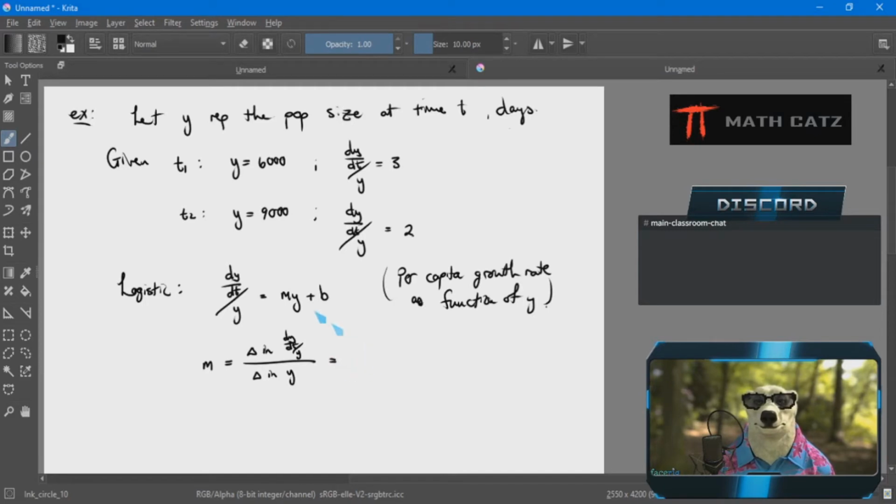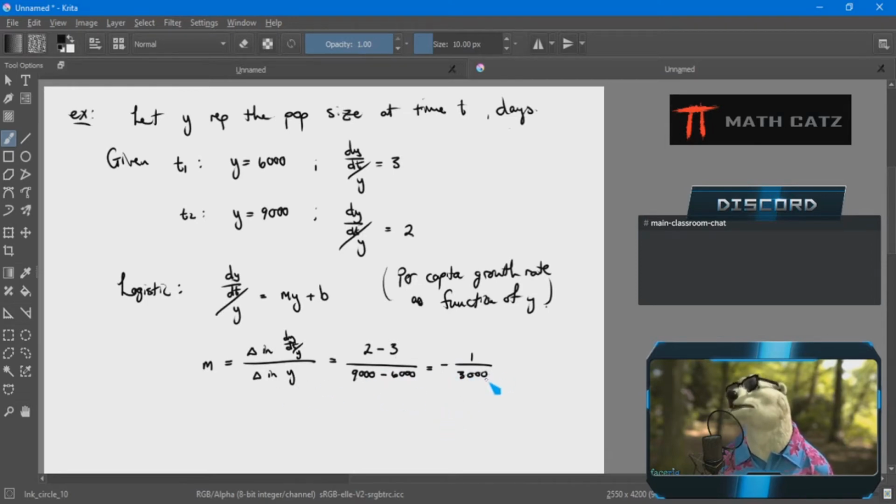So it's just the difference. Let's pick the first and the second point as I labeled them. So the change in the per capita growth rate is 2 minus 3 over the change in y that corresponds to that, 9,000 minus 6,000, and I get negative 1 over 3,000.